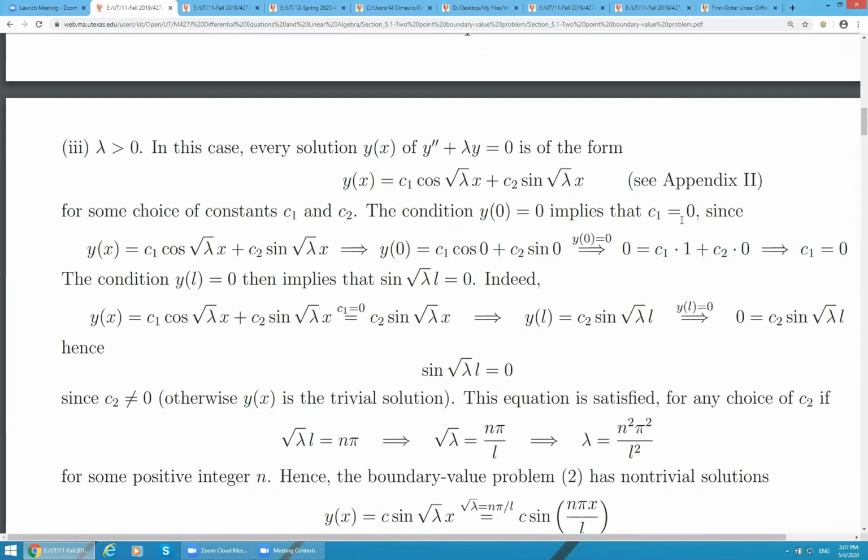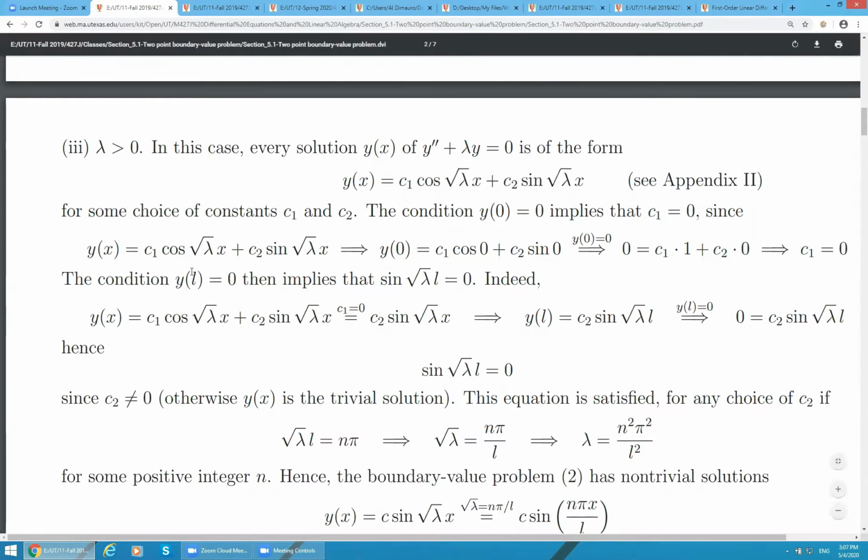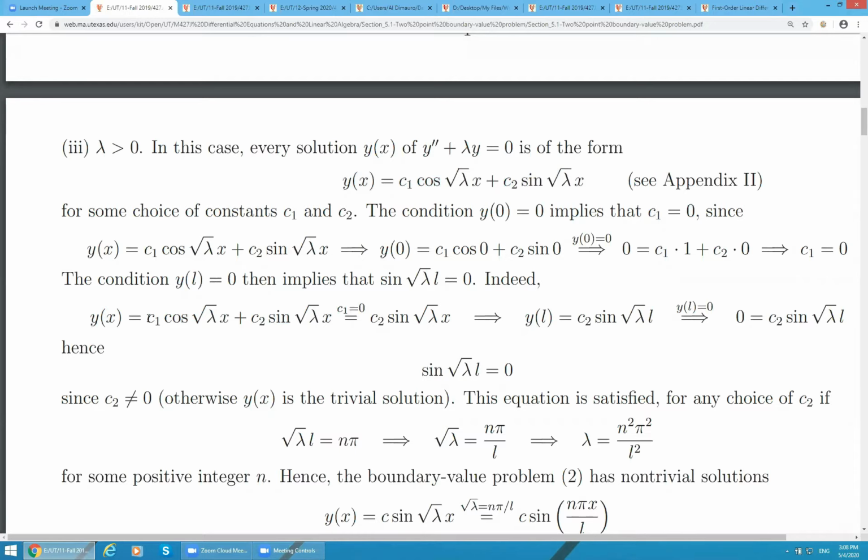Next step, let us find C2. In order to find C2, we use the second condition, y of L is equal to 0. So once again, for convenience, we copy this general formula over here. Since C1 is equal to 0, as we just discussed, let us replace this C1 by 0.